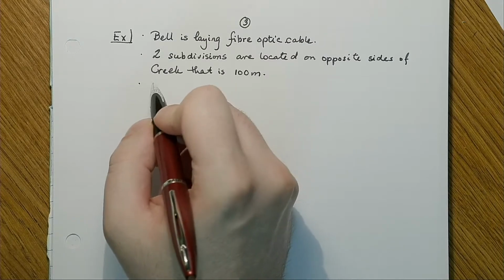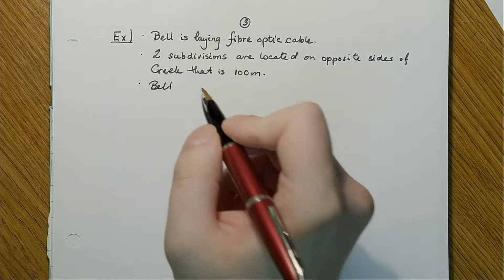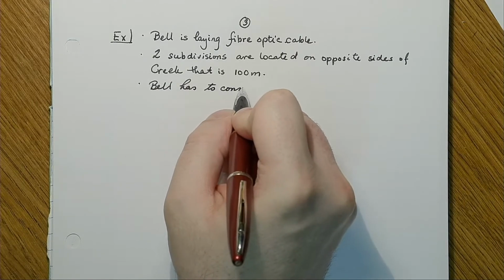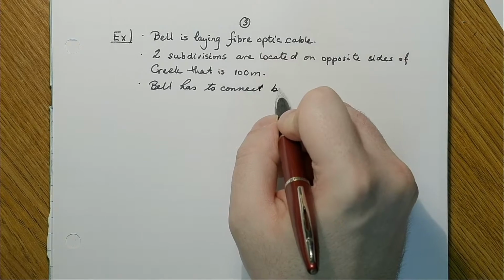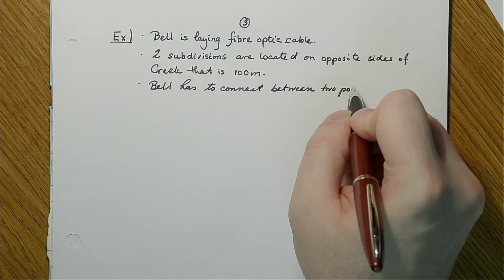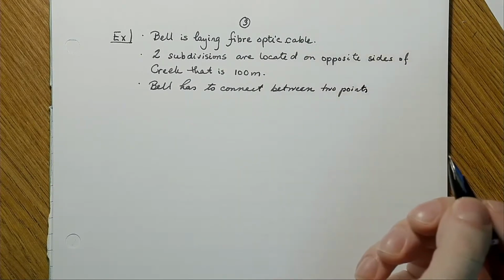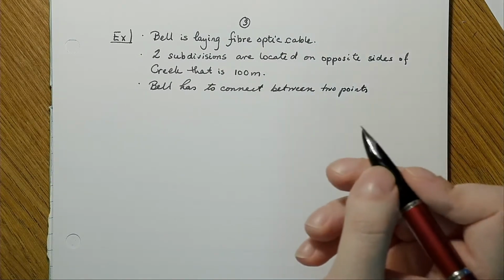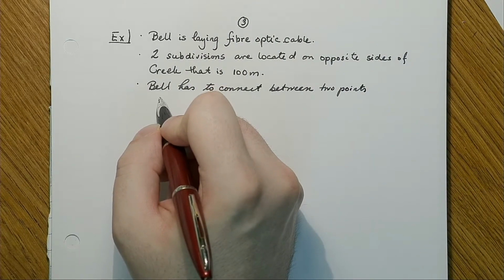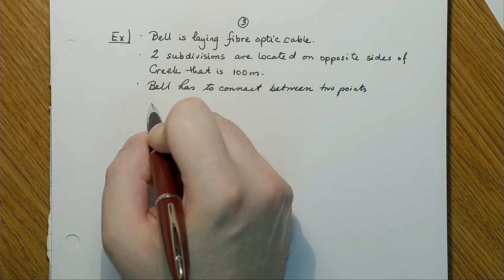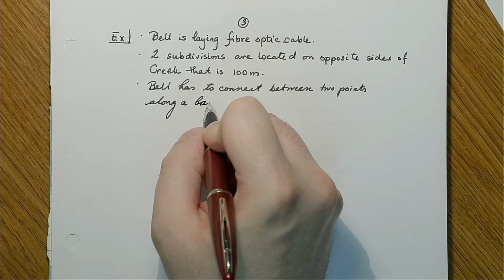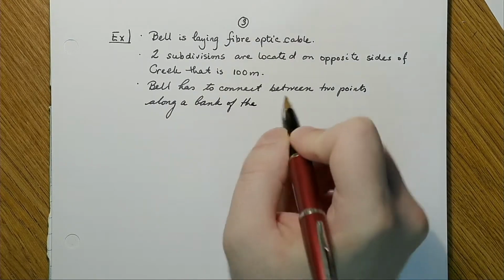And then they have that the Bell has to connect between 2 points along a bank of the creek.